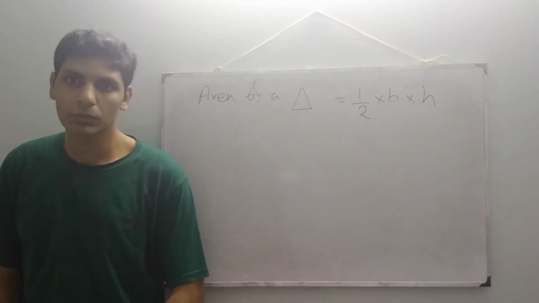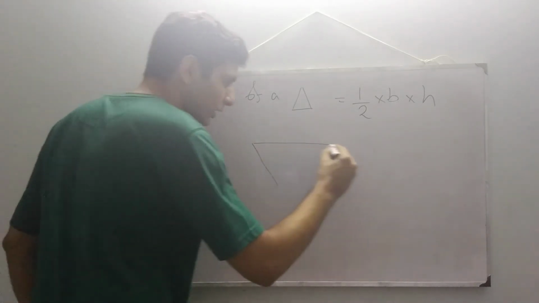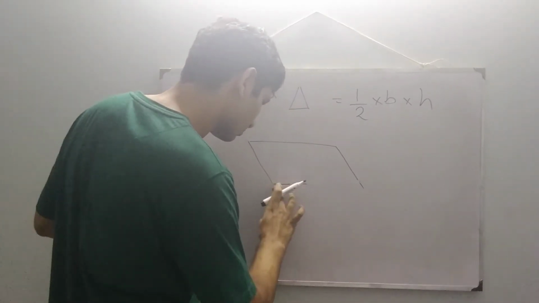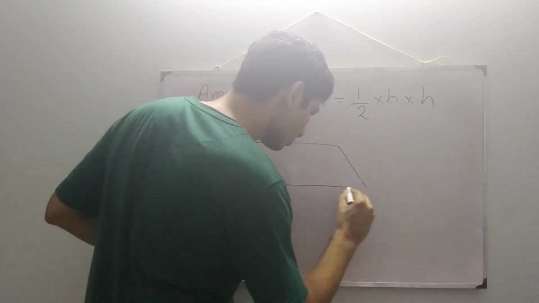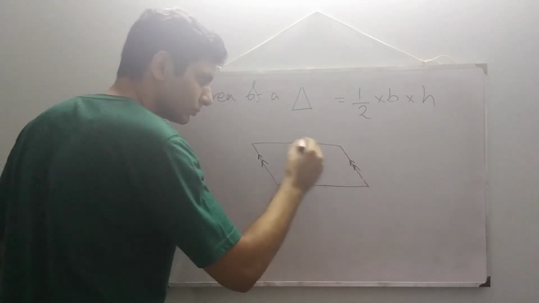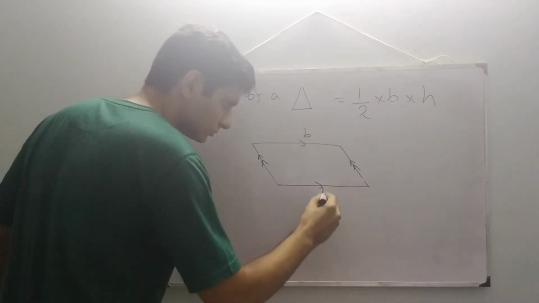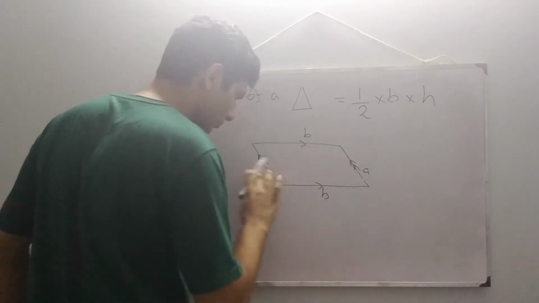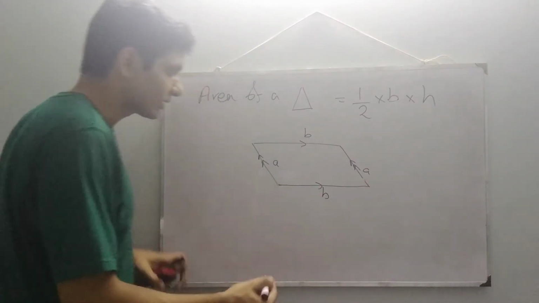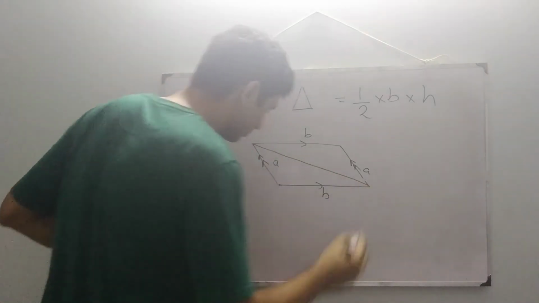And once we have a triangle, we can do quite a lot of stuff. Look at a parallelogram. The opposite sides are parallel and equal in length. Let's call this B. In the same way as a rectangle, I could divide this into two halves by cutting it across the diagonal.